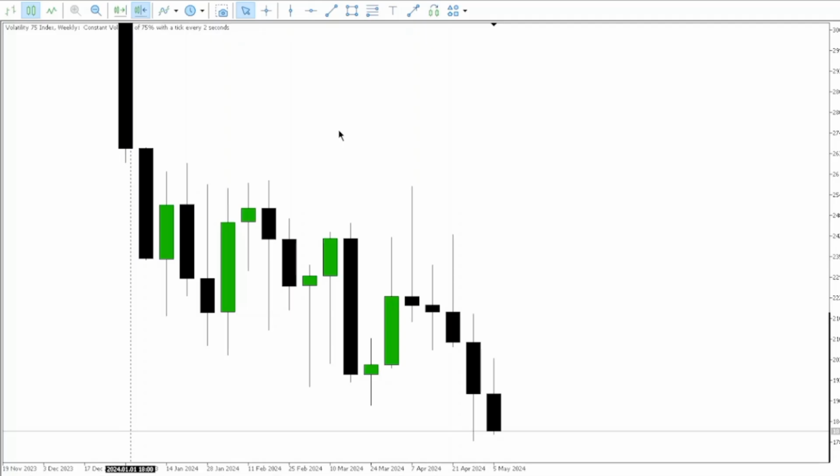Well, let's start right from January. The first thing you see is we have a fair value gap. Okay, we have a fair value gap right there, and I'm going to keep reiterating this: institutional order flow into drill, consequent encroachment, or a complete rebalance of a fair value gap.